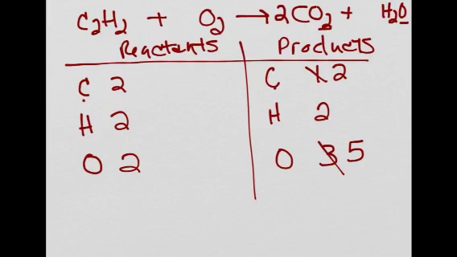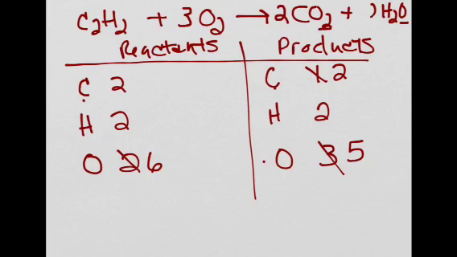So now our carbons are balanced, our hydrogens are balanced, and our oxygens aren't. We have 5 on one side and we have 2 on the other side. Since I can't make it equal 5, I'll have it equal 1 more. So now I will have 6 oxygens, and we have to change our inventory to 6. Now I need to go back and change my oxygens on my product side to equal 6.